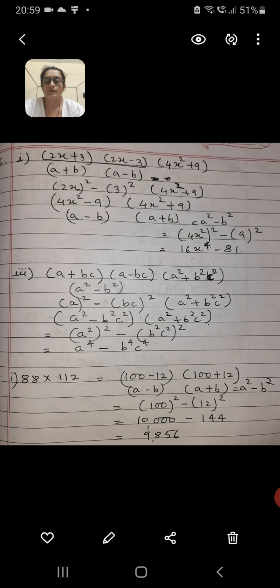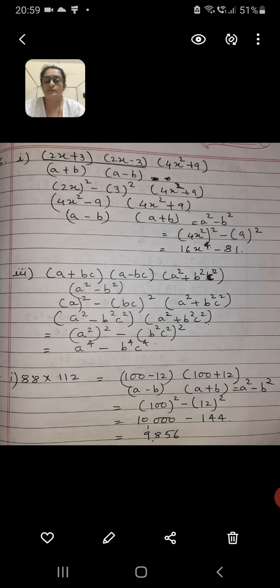The same way we are going to do the next sum also. a plus bc and a minus bc. So here these first two brackets are in the form of a plus b, a minus b, and the last bracket we are going to keep it as it is, a square plus b square c square.